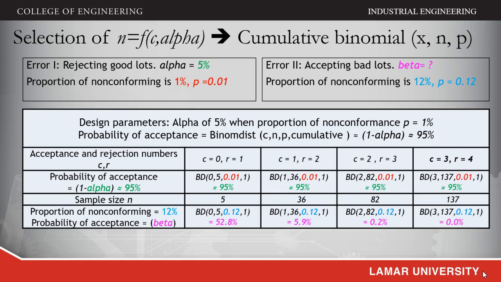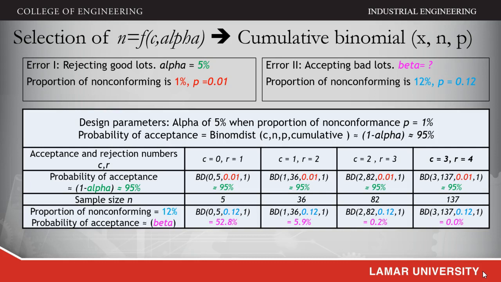And as a reminder, the acceptance number c is that number or anything below, so the probability that we're computing is the probability of having 0, 1, and 2 when c is equal to 2, and the most convenient sample size would be 82. Finally, when the acceptance number is 3, the sample size would be 137.